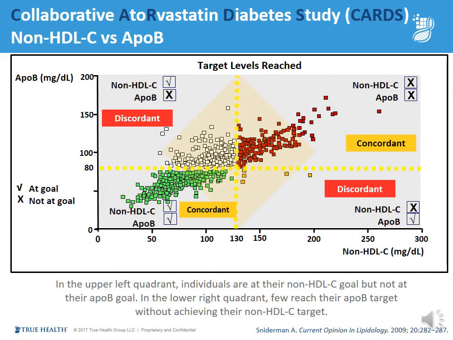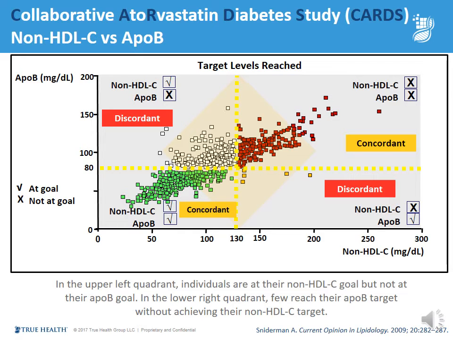This slide takes that NHANES data a little further because this is a clinical trial called the Collaborative Atorvastatin Diabetes Study. So in diabetics, they wanted to look at concordance or discordance between non-HDL cholesterol and apolipoprotein B. And as you can see, in many patients, look at the yellow bar, they either were both high or they were both normal.